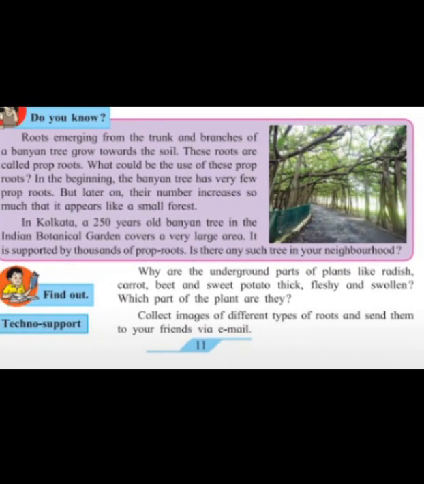Children, tell me, why are the underground parts of plants like radish, carrot, beet and sweet potato thick, fleshy and swollen, and which part of the plant are they? Because they are tap roots. They are roots.